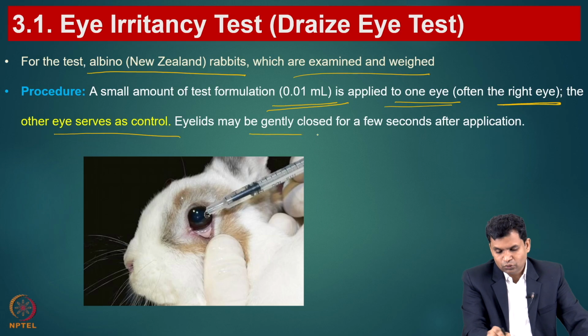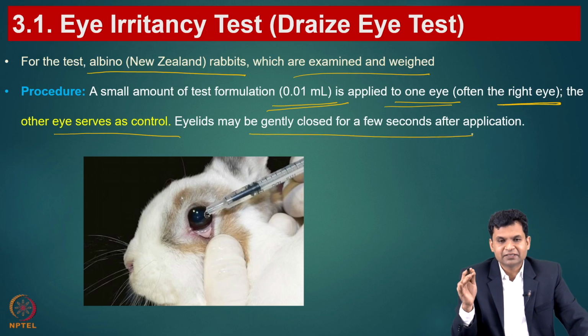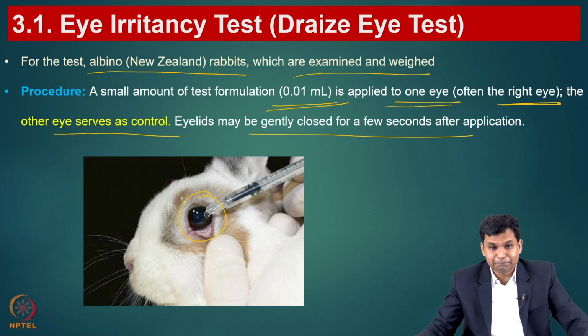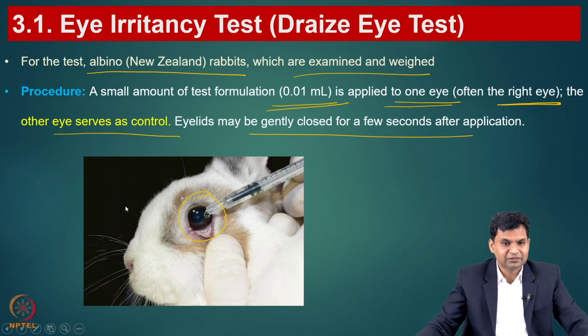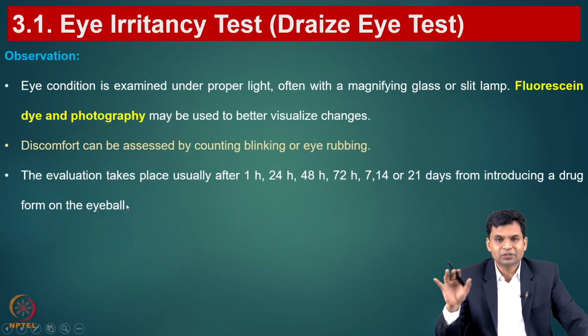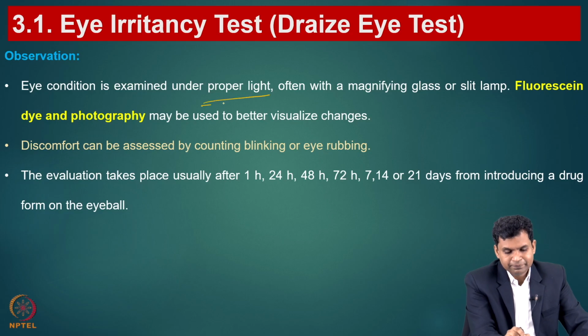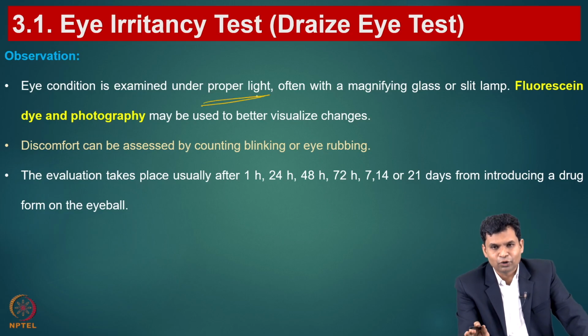We need to close the eyelids gently, and then observe the eye: whether it is blinking, whether there is any rubbing or any irritation, and that we need to consider.